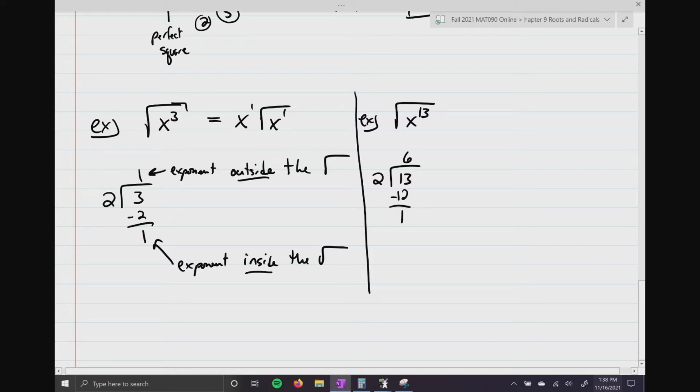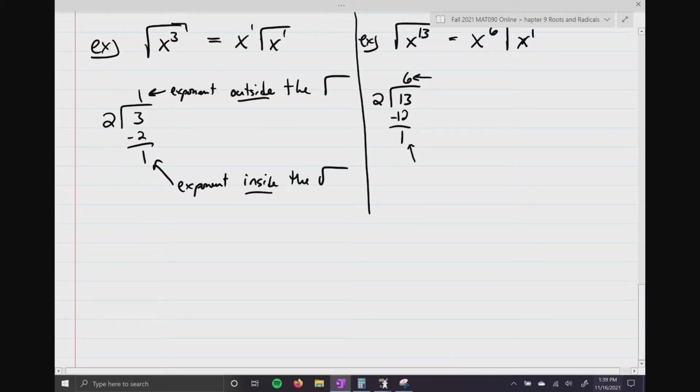Now remember, the 6 is going to be the exponent outside of the radical, so it's x to the 6th. The remainder is going to be the exponent on the inside of the radical, so it's x to the 1st. So the square root of x to the 13th is equal to x to the 6th times the square root of x.